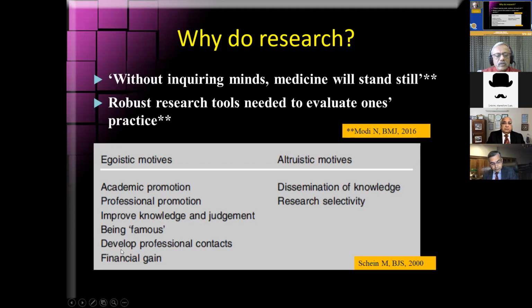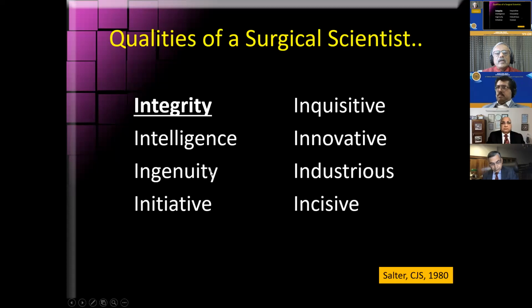And of course, the development of a network which has direct and indirect advantages in your being a surgeon. These are the factors which I think are extremely important and which should motivate every one of us, whether you're in a medical college, in private practice, or a postgraduate student, to try and learn doing basic clinical research. Now, this is my last slide.